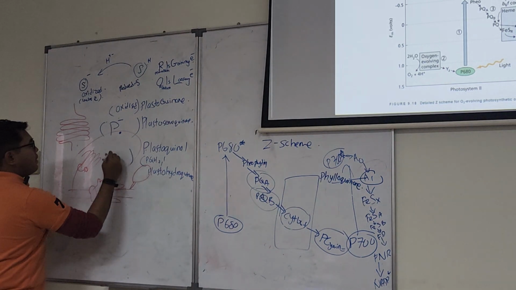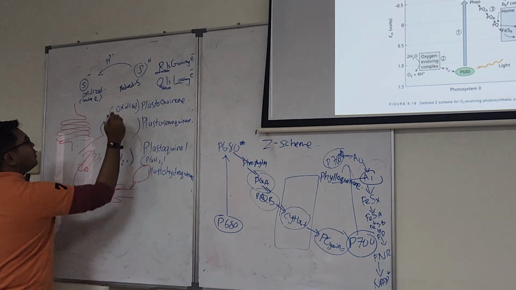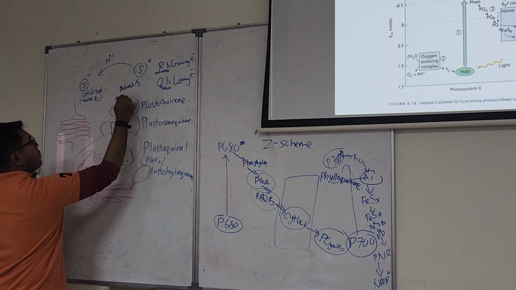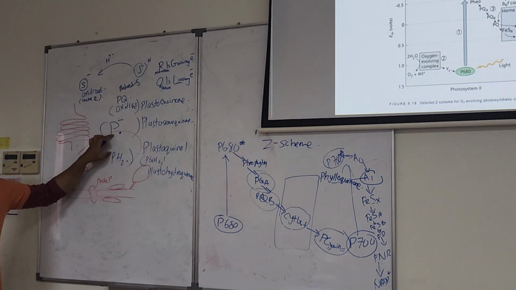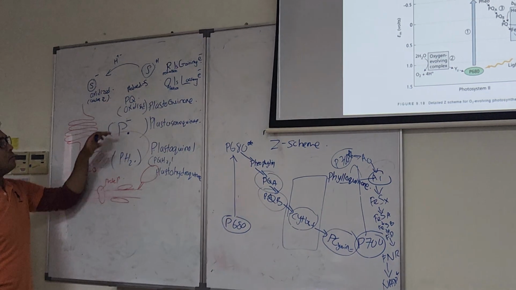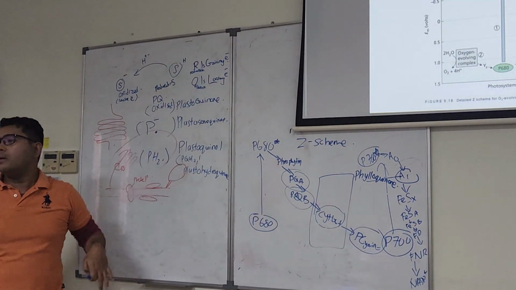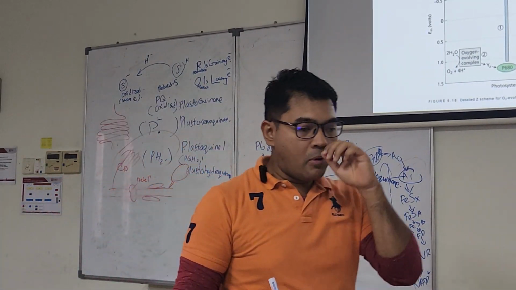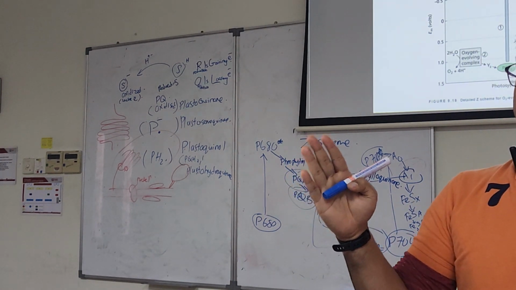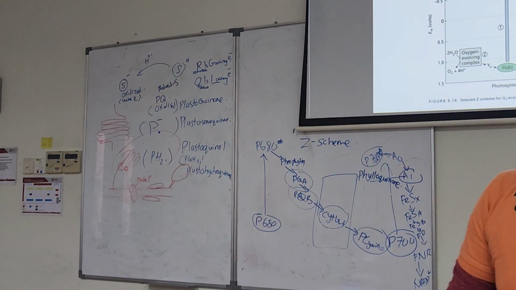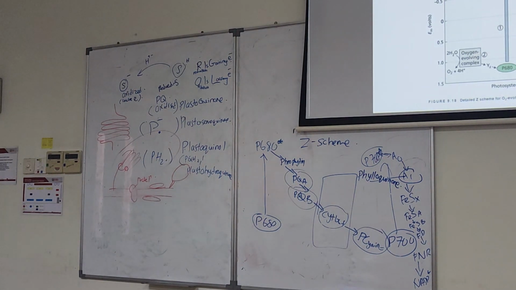So this becomes PQH2. This is only PQ: no charges, receive one electron, receive two hydrogen. Still a similar molecule, but now the molecule has a different state of charge or reduction level attached to it. Okay, all right.